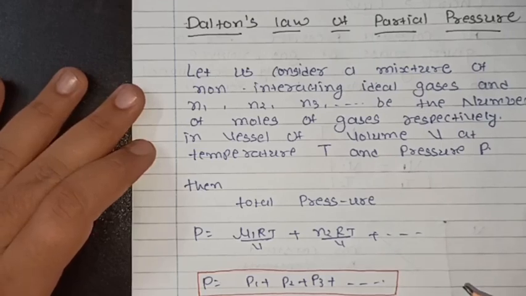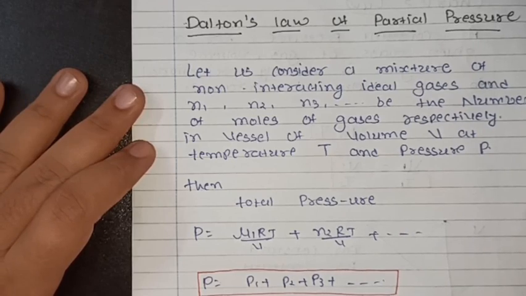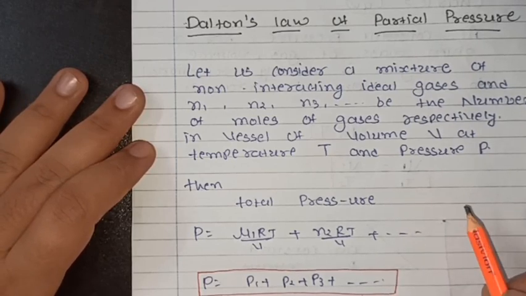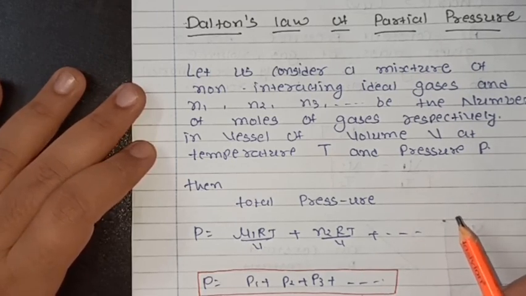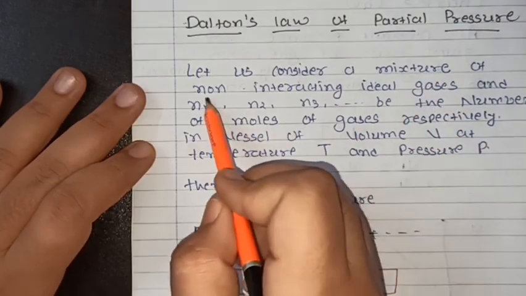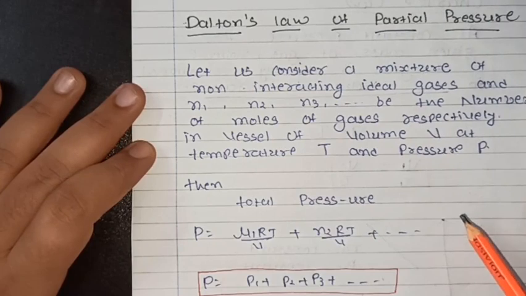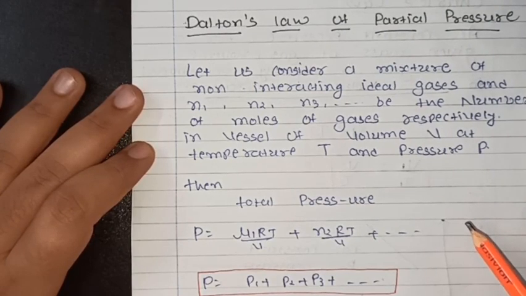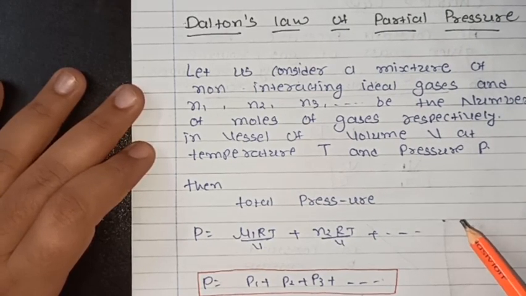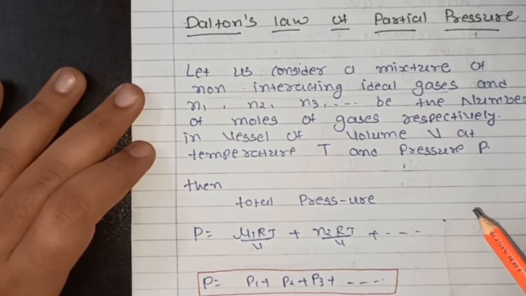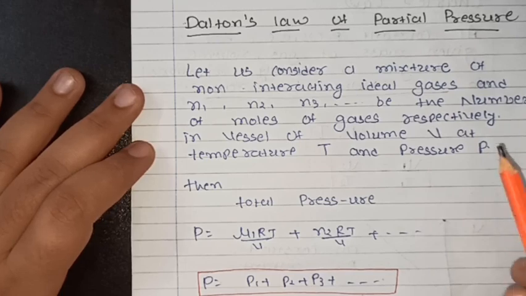The third law is Dalton's law of partial pressure. In that case, we are considering a container which is containing a mixture of non-interacting ideal gases. Remember, the gases should not interact with each other. Non-interacting means when hydrogen and oxygen interact with each other, they'll make H2O, but that should not happen in this case.